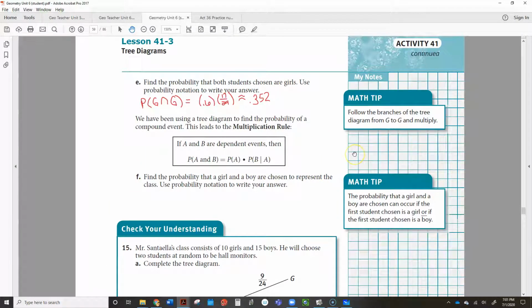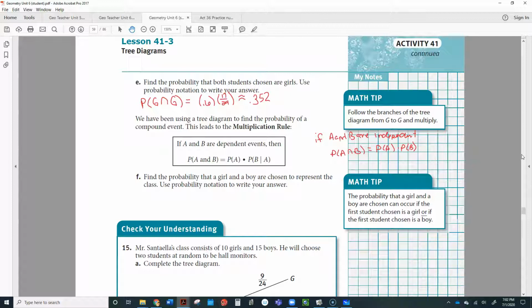If they are independent, this is from another lesson. If A and B are independent, to find the probability of A and B, you just multiply the probability of A times the probability of B. And they would be independent if you replaced the name.